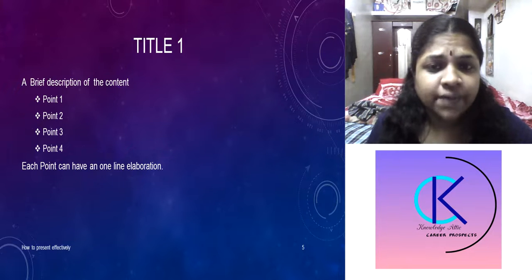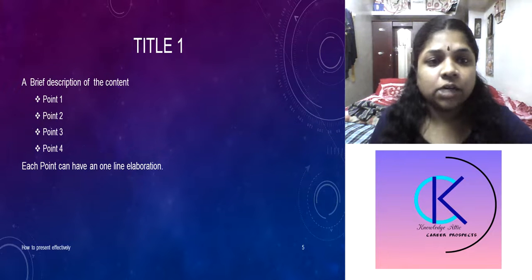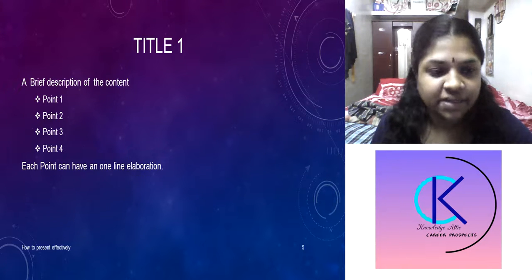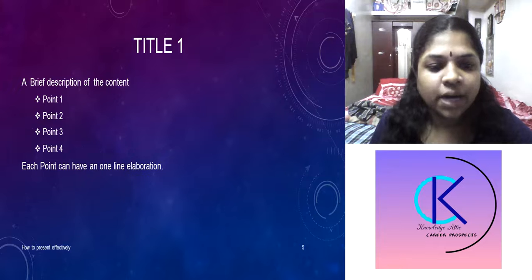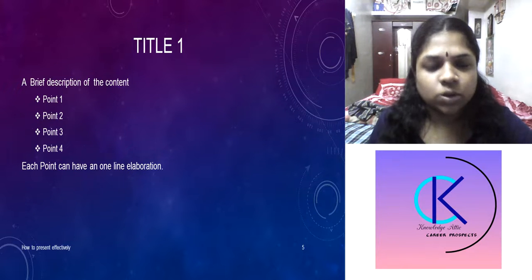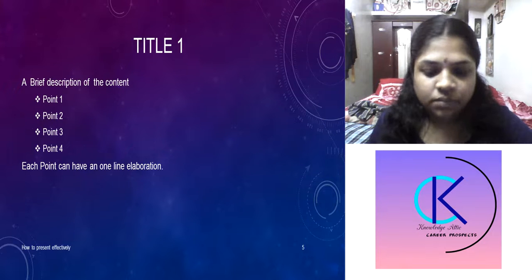If it is a paragraph, the point will look like a bigger paragraph and the slide will look very big, and the audience will think, oh god, the point itself is very large, I don't know how I'll understand. So it is very important to have only a one-line or a 1 to 2 line elaboration. Clear?